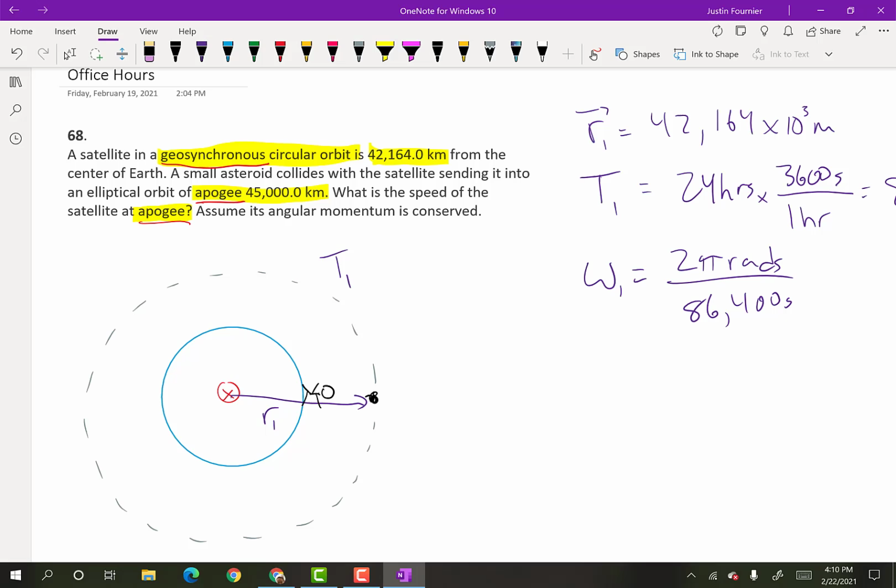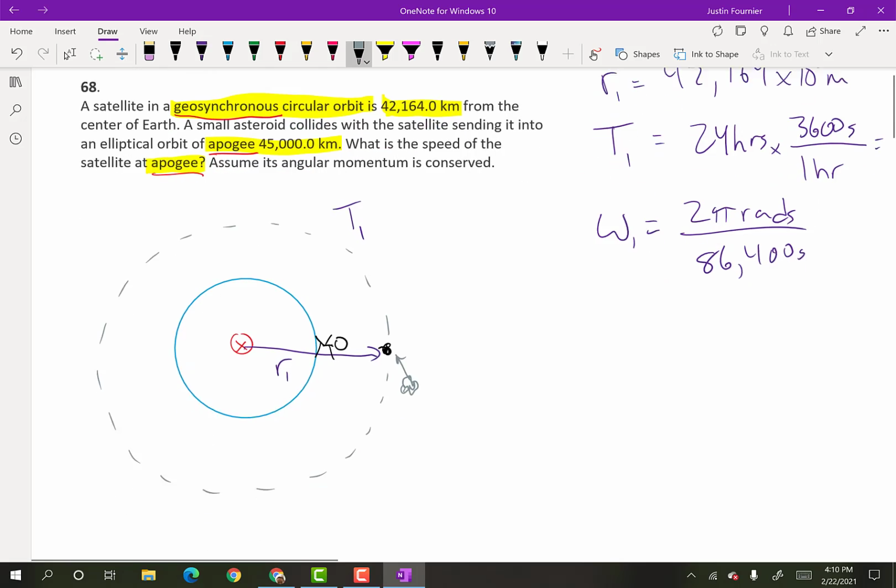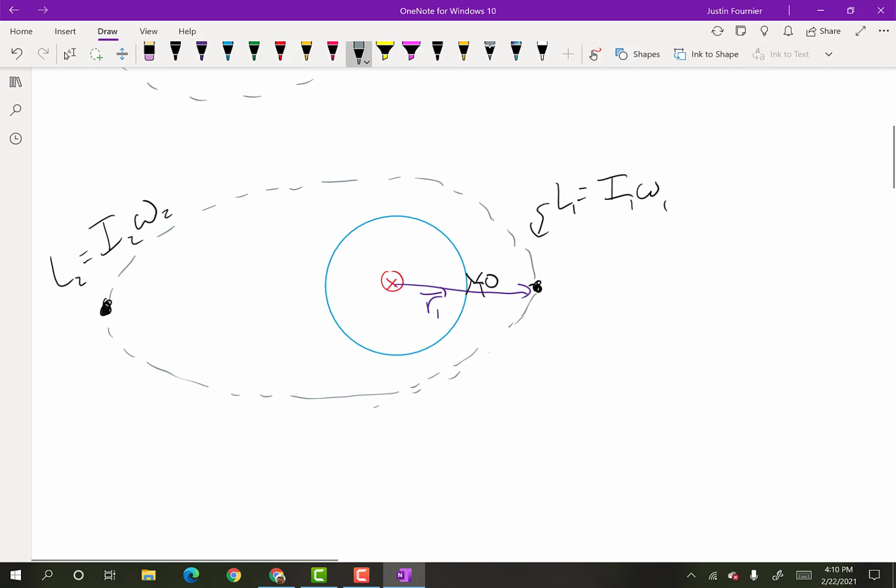What they're basically saying in this problem is that an asteroid shows up and knocks it into a different apogee. So it's no longer going in a perfectly circular motion. It's now going into this warped shape here.